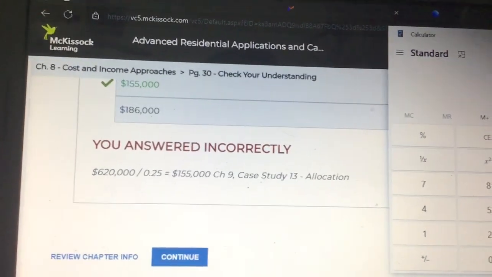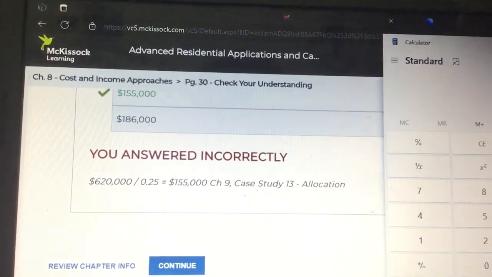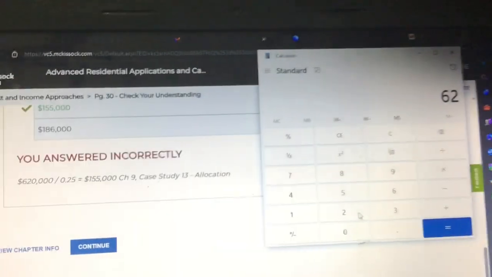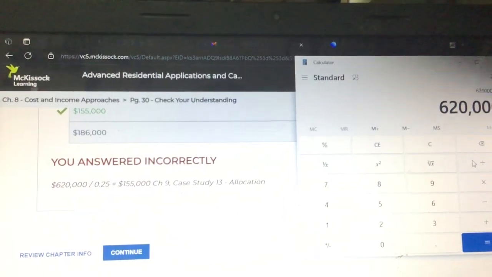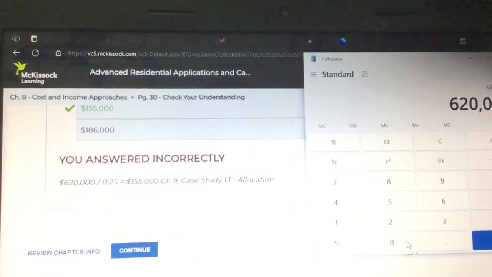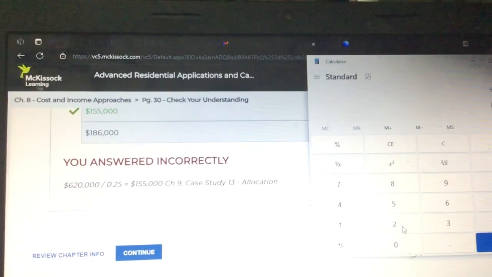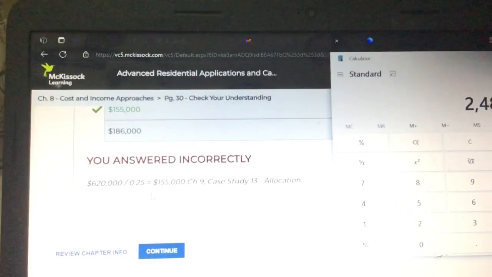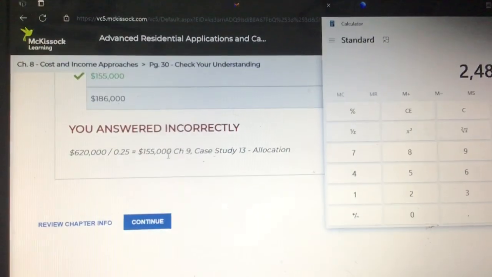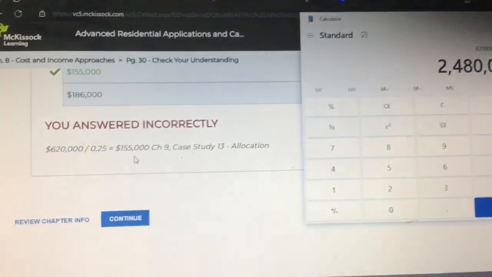I thought I did it like that though. 620,000 divided by 0.25 equals. See? How is it not 155,000? It says it right there.